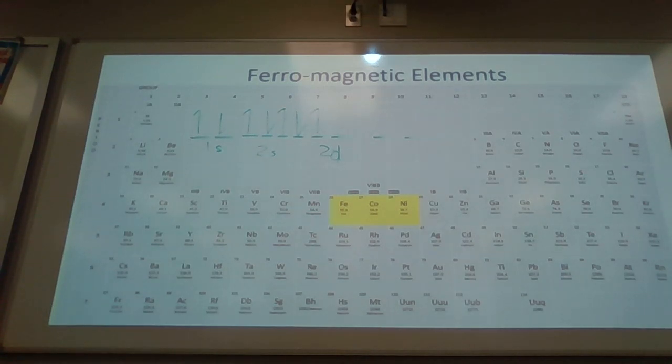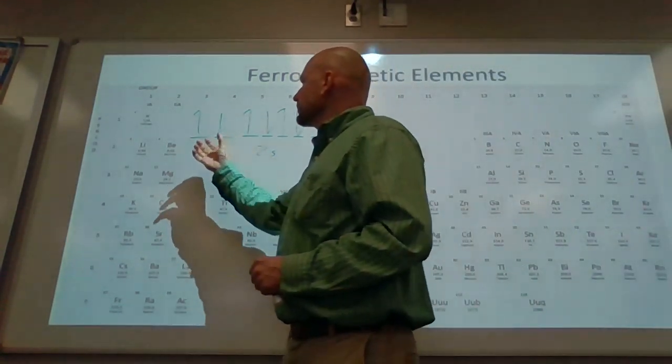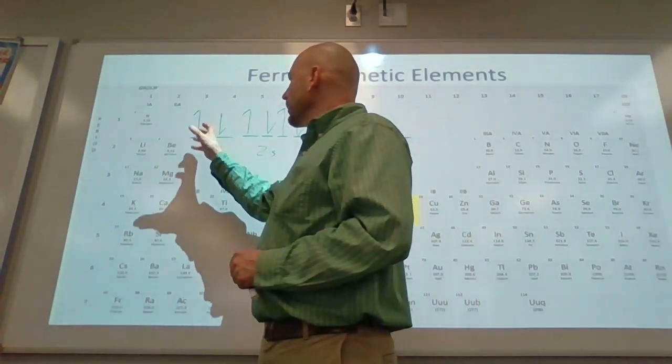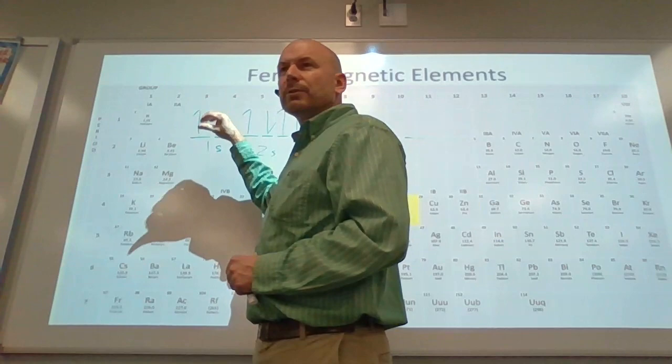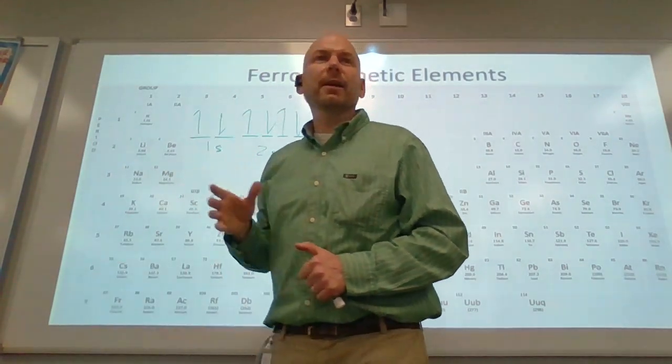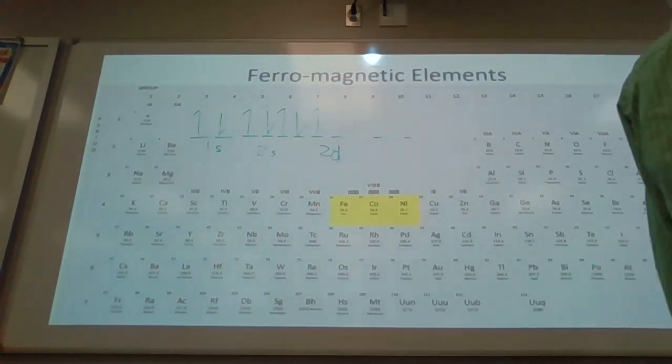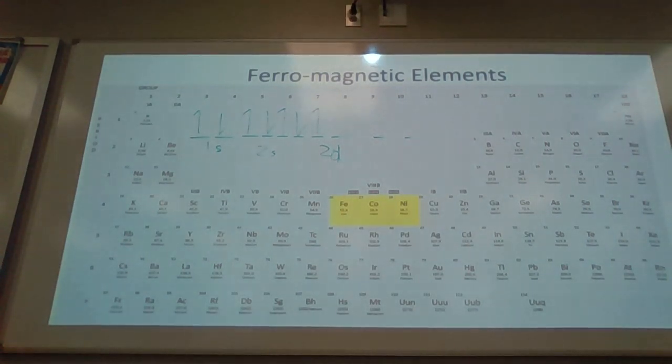That creates its own magnetic field. But usually when electrons go into an atom, they have opposite spins. One's a spin up, the other one's a spin down. And those two magnetic fields that they create cancel each other out. And that's usually what happens.